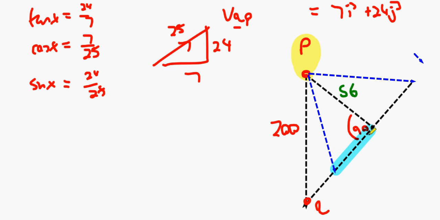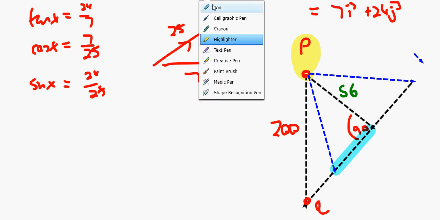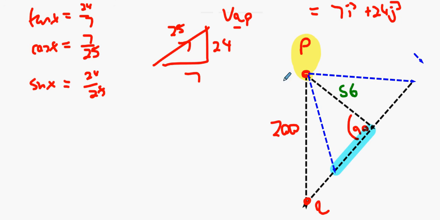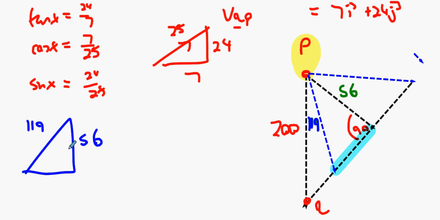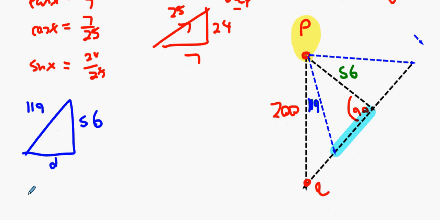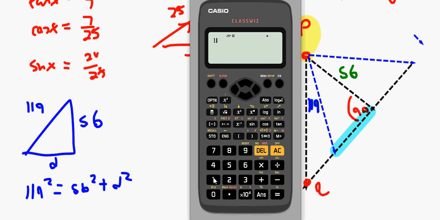We know that the blue line is 119, so it's 56 and 119, and we want to figure out this distance D. So 119 squared equals 56 squared plus D squared, so it's 119 squared take away 56 squared, and square root that to get D. D is 105.